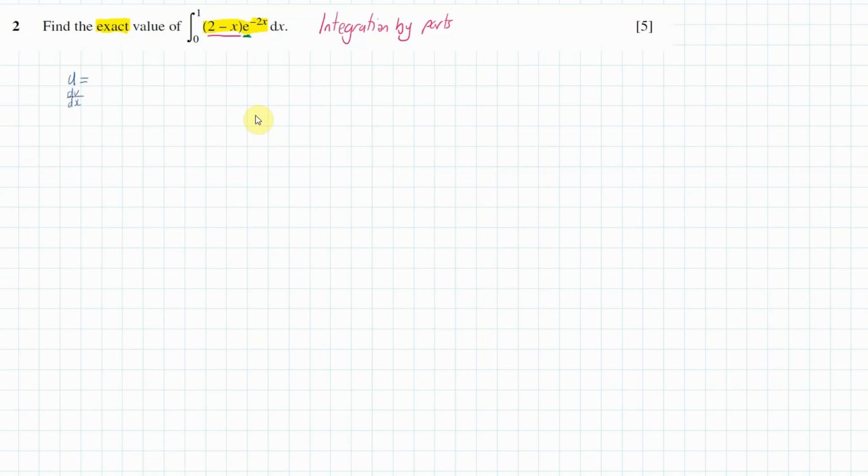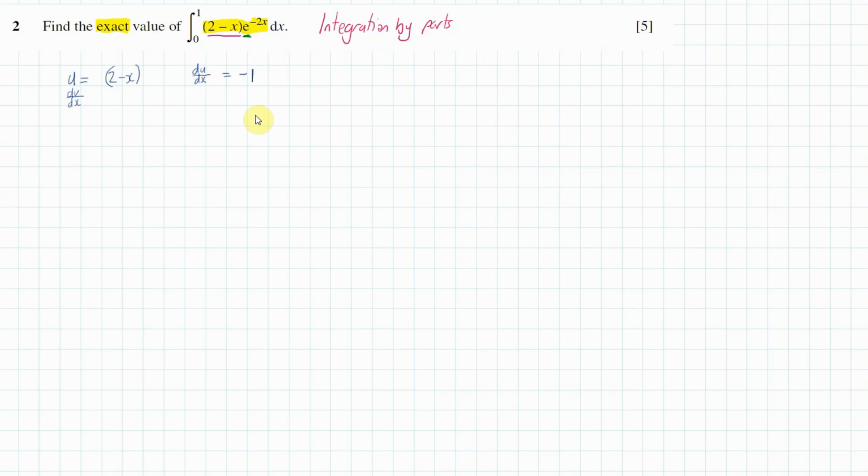Now in this case you want to select 2 minus x to be u. Select as u the thing that drops out most quickly when you differentiate it, and you can see that when you differentiate u you're going to get minus 1, which is perfect.